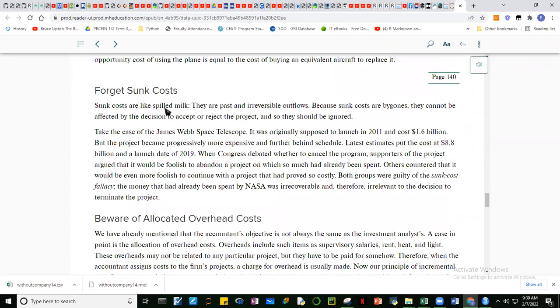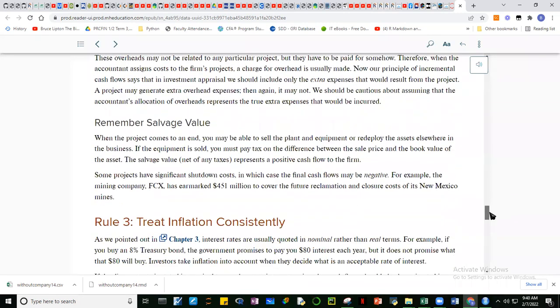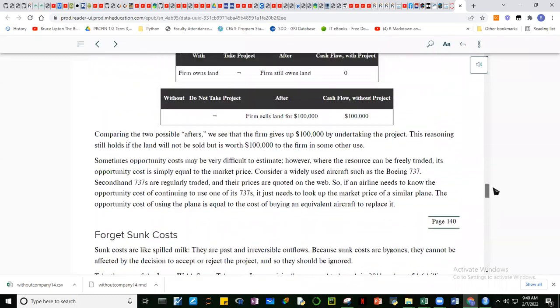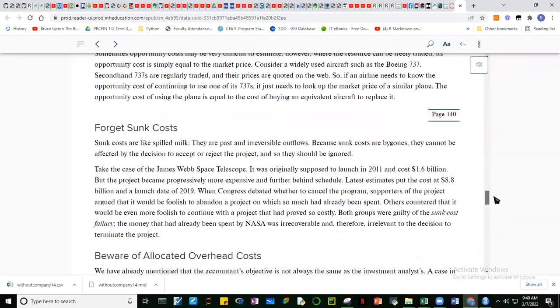Sunk costs are like, as the book explains, spilled milk. These are past costs and they're no longer relevant. They are past and irreversible outflows. Sunk costs are bygones. They cannot be affected by the decision to accept or reject the project, and they should be ignored. There are some examples here, guys, which you may look at.